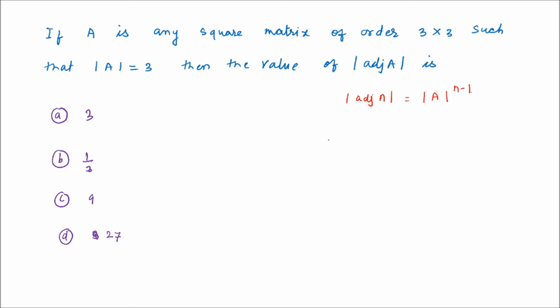So here I can write determinant of adjoint of A is equal to determinant of A, which is 3, raised to n minus 1, where n means its order is 3. 3 minus 1 is 2. It is 3 square, that means 9. So this will be our answer.